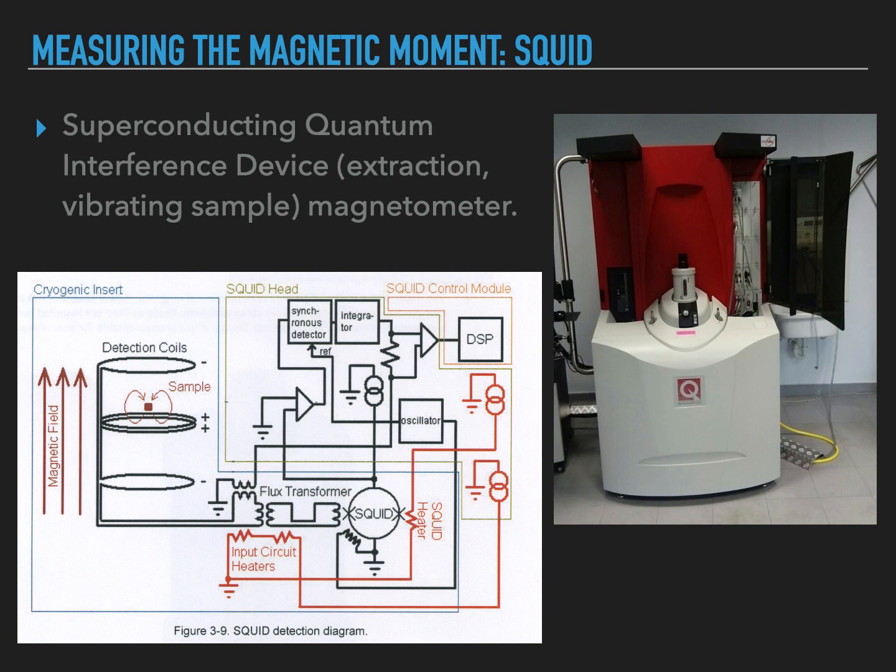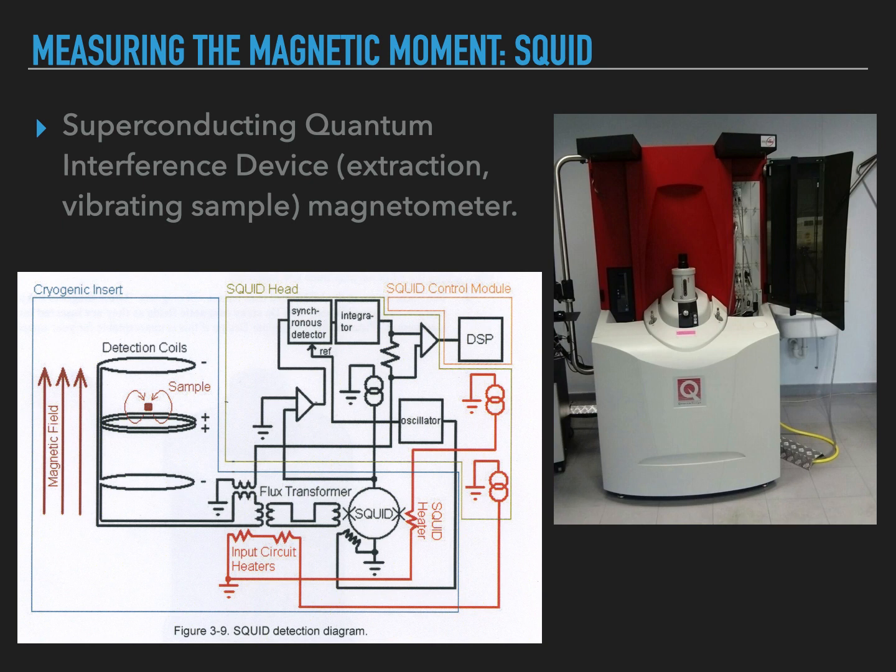That is not mandatory, but the sensing element, the so-called SQUID junction, requires liquid helium temperatures to operate. And so using a superconducting element also to generate the field almost comes for free. So normally SQUID magnetometers use superconducting coils to overcome the maximum field limitations of the electromagnets.